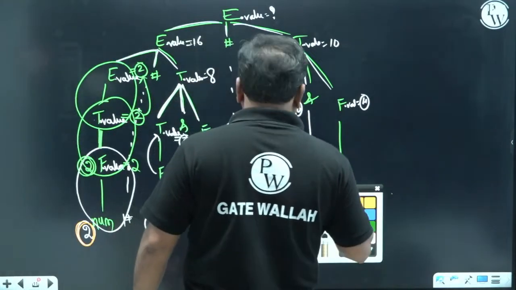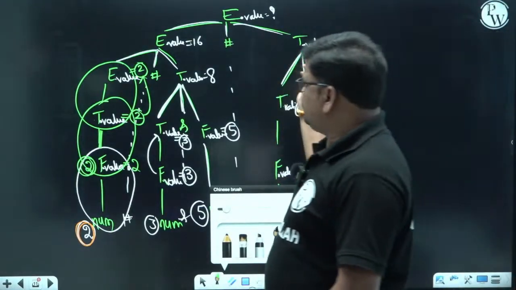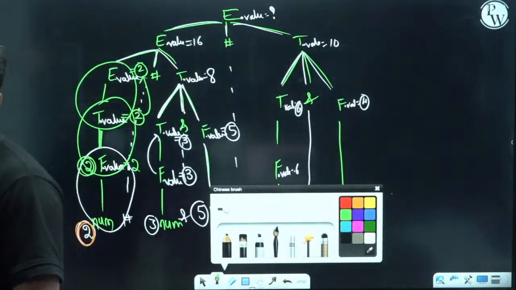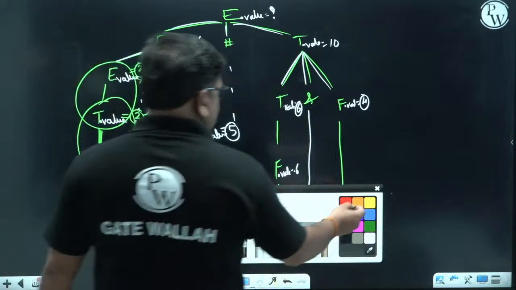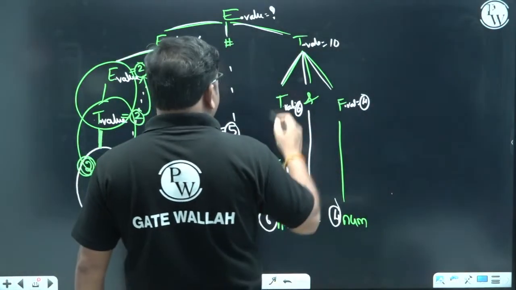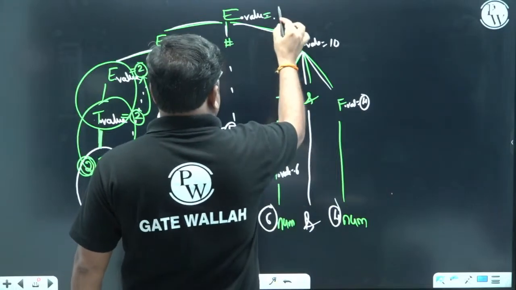So what is the rule saying? Whenever e to e hash t, the rule is simply saying multiplication of these two. Multiplication of this one, that is nothing but 160.